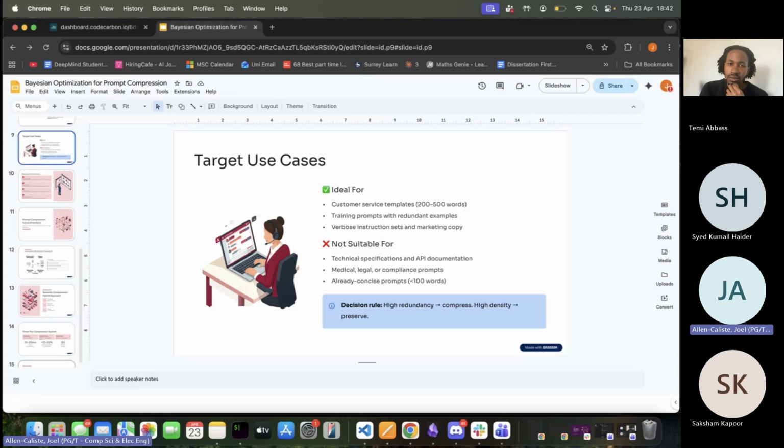I know that TextRank takes around 10 to 20 milliseconds on a CPU, so in terms of deployment, it's good for that. But once I implement it, I do need to look into the compute, because is the increase in compute going to be worth the extra compression? It's a trade-off.